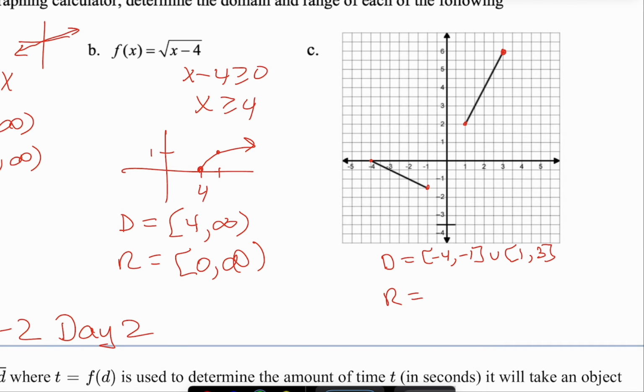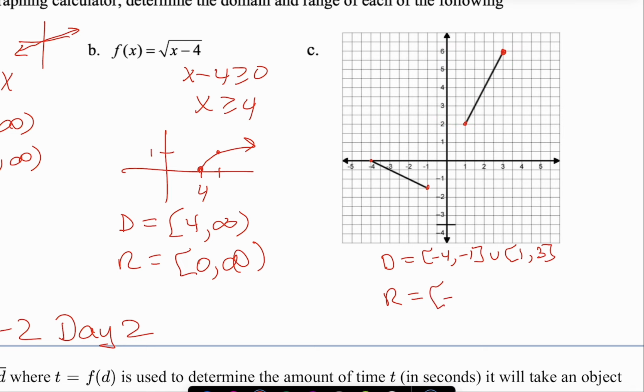The range of the graph is the lowest to the highest, the y values, the outputs. So we have a y value here. The lowest I see is -1.5. And then I have to stop and lift my pencil when I get to a y value of 0. And then I'm going to jump all the way up to a y value of 2, up to a y value of 6. So let's write that.